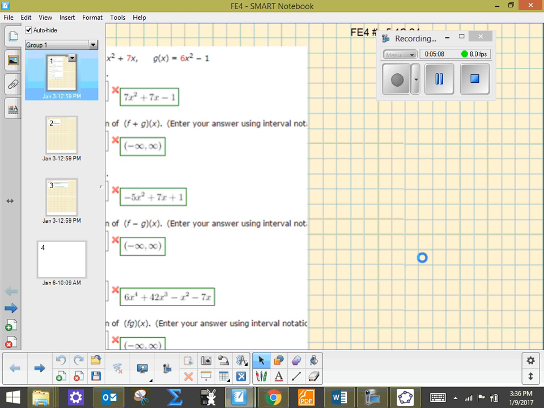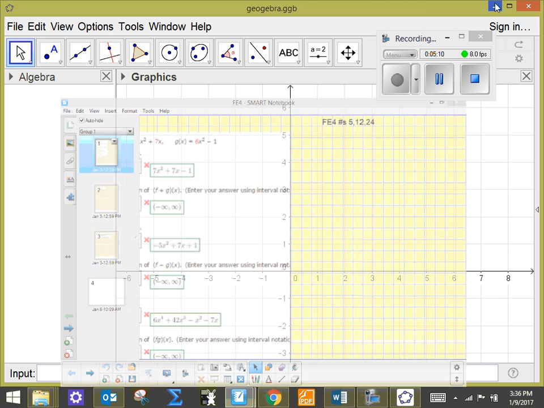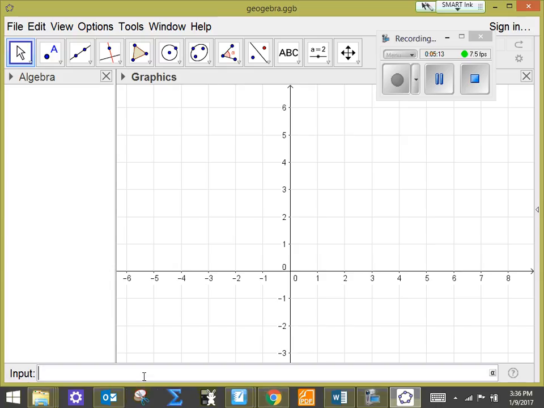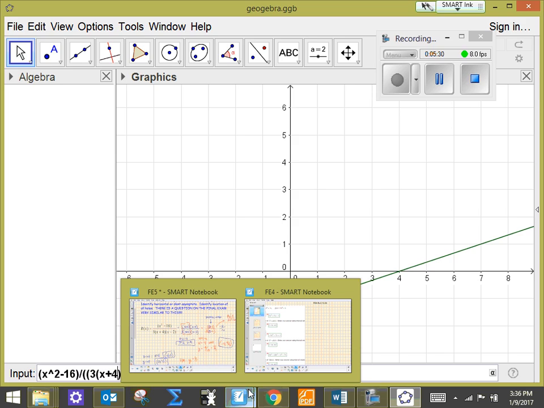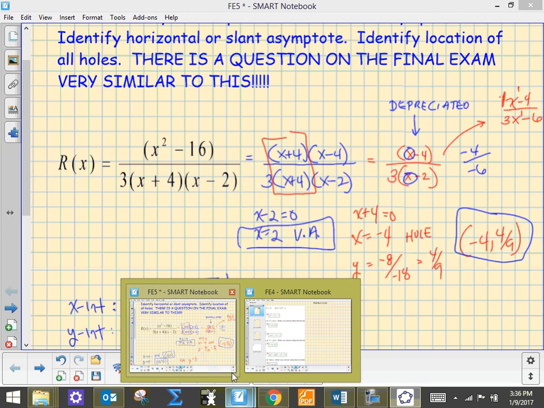So I think we had all kinds of things open. X squared minus 16 on top, divided by 3 times x plus 4 and x minus 2.